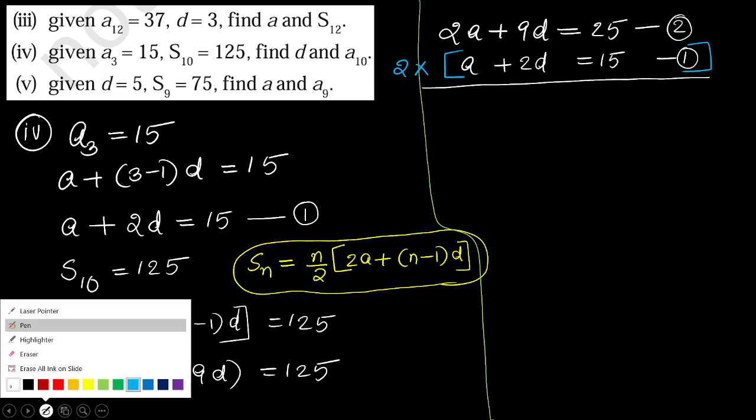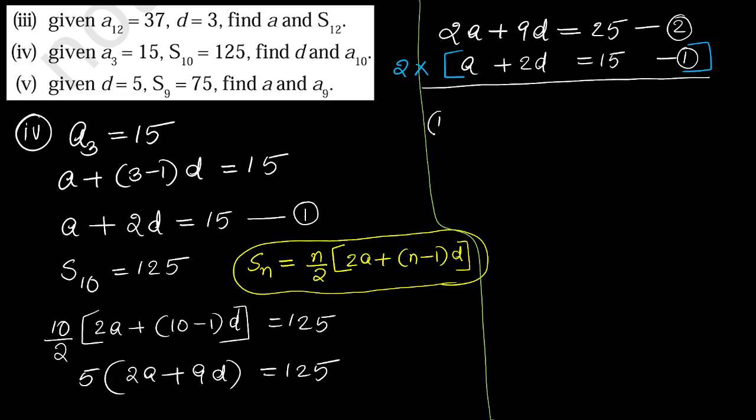First equation multiply by 2. I will show you what happens. 2 into a, 2a. 2 into 2d, 4d. 2 into 15, 30.